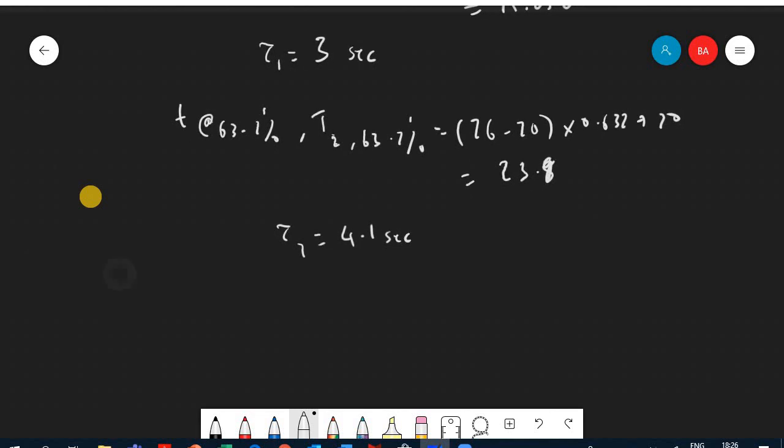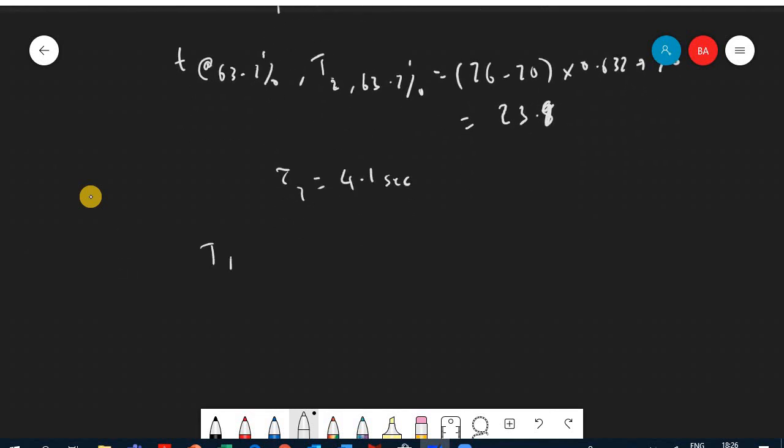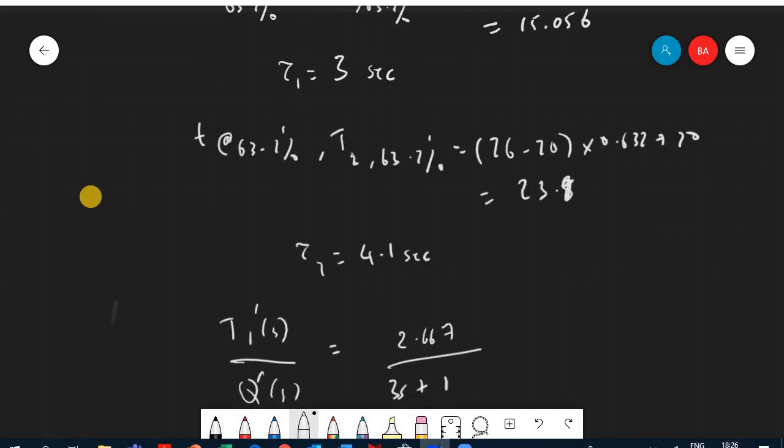T1 prime of s over Q prime of s is equal to 2.667 over 3s plus 1.